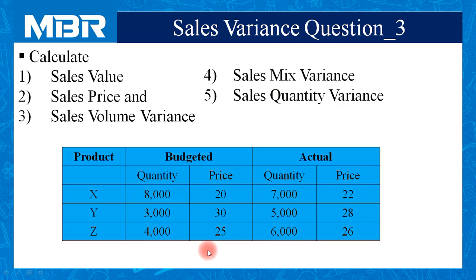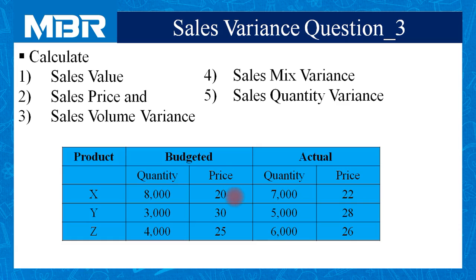On your screen, information related to products, budgeted quantity and price, actual quantity and price is given to you. There are 3 different products available to us: X, Y and Z. Budgeted quantity 8,000 units, 3,000 units and 4,000 units. Price per unit rupees 20, rupees 30 and rupees 25.